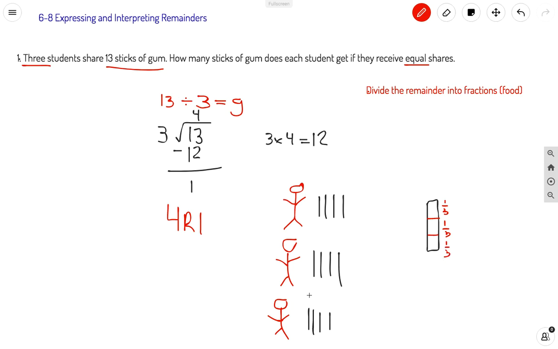So each person would actually get 4 1/3 sticks of gum. The reason why we can break up this last stick of gum into fractions is because just think of food in your head. Think of a pizza.